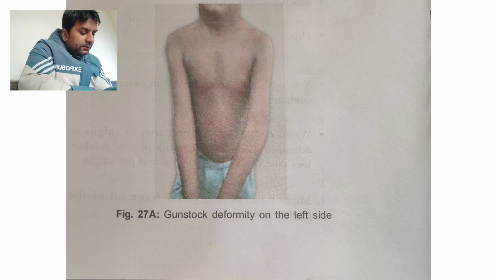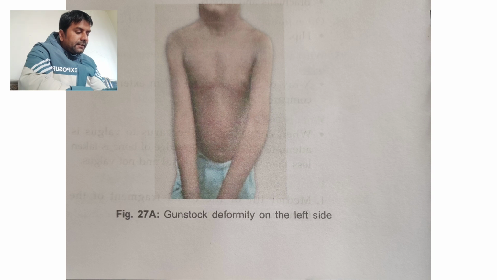So what is cubitus rectus? Have you heard of cubitus rectus? When correction of varus to valgus is attempted, if the lateral wedge of bone taken is less, then it results in neutral and not valgus.